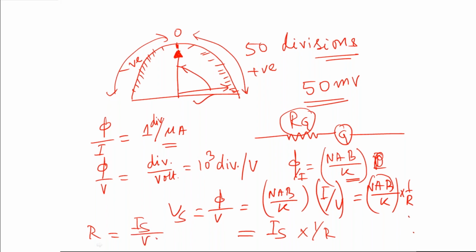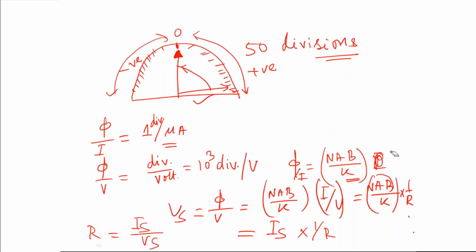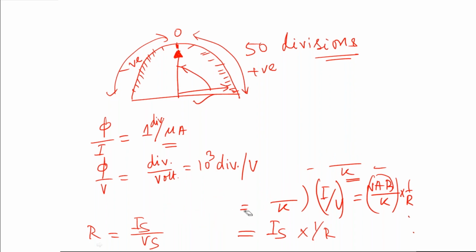Do you agree with me, all of you? So the resistance of the galvanometer is just the ratio of current sensitivity to voltage sensitivity.